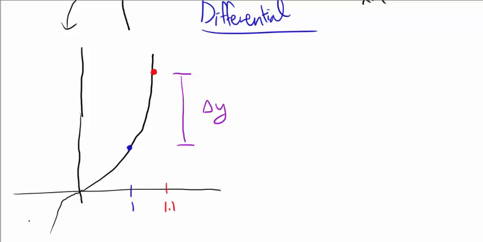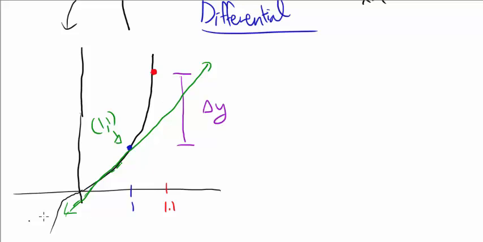Okay, if we draw a tangent line through the point at 1, so the tangent line is going to go something like this, and we know how to find the equation of a tangent line. Since we know the point that it's going through, all we need to do is find the slope of the tangent line, which we can do by differentiating the function y equals x cubed and evaluating f prime of x at x equals 1.